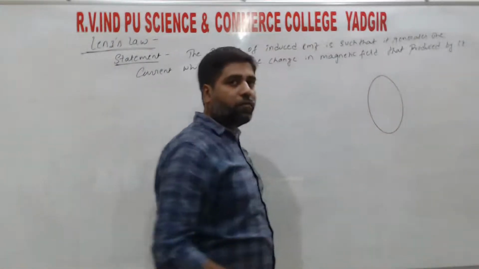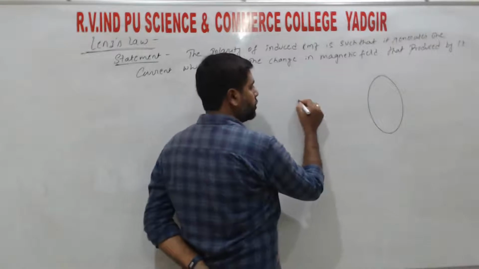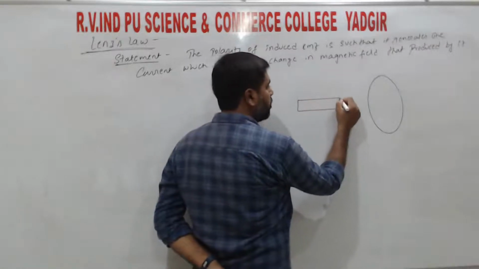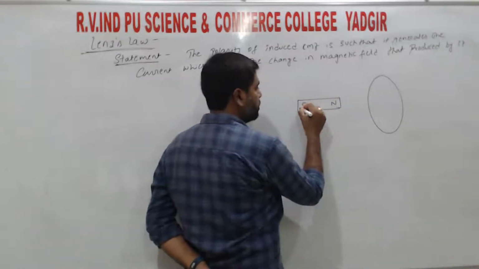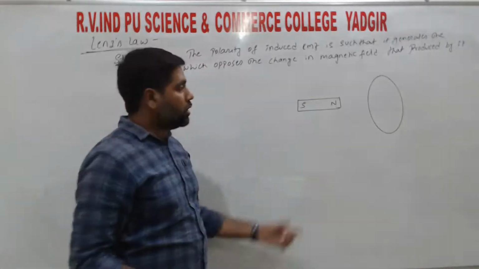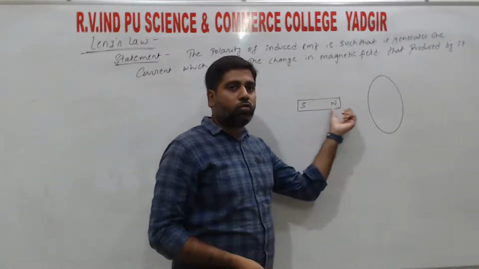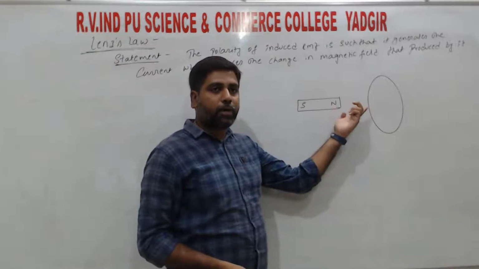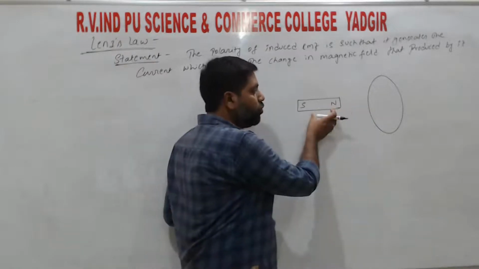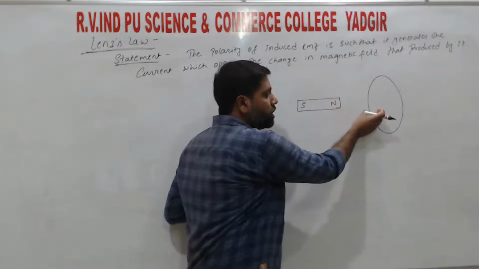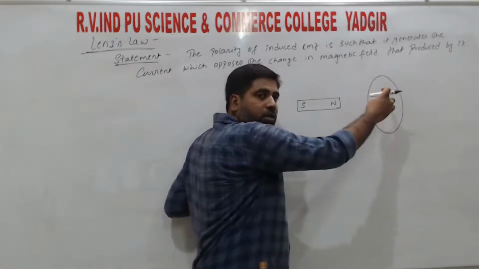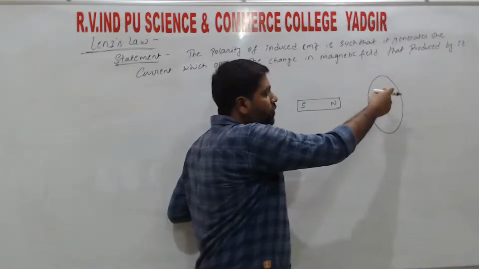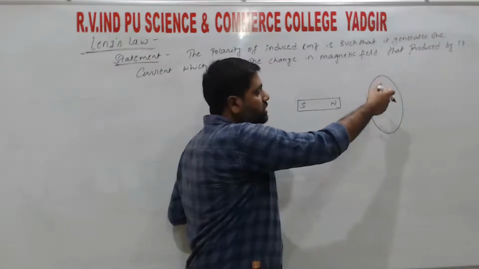So consider one coil and one bar magnet, right? Now the bar magnet is moved towards the coil. Since we always refer to the coil and magnet experiment, when we move the magnet towards the coil, EMF is generated in the coil. If EMF is generated, there is a current.